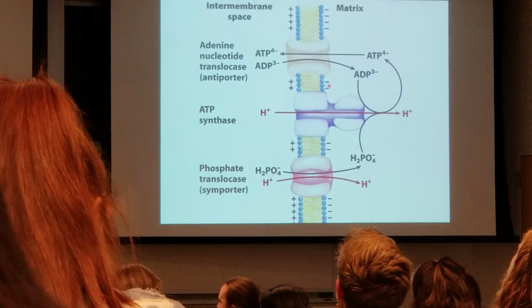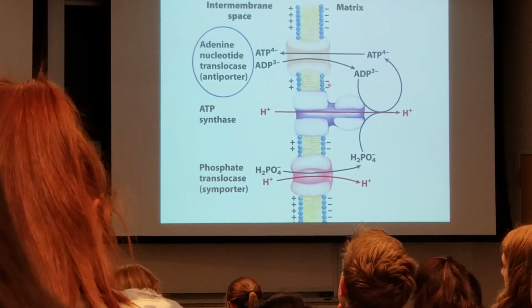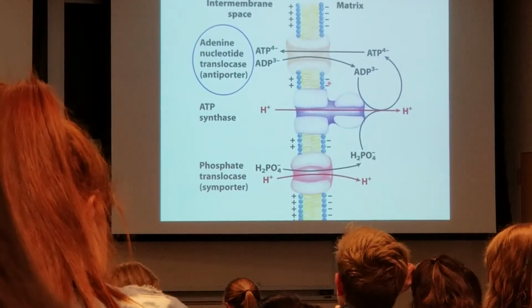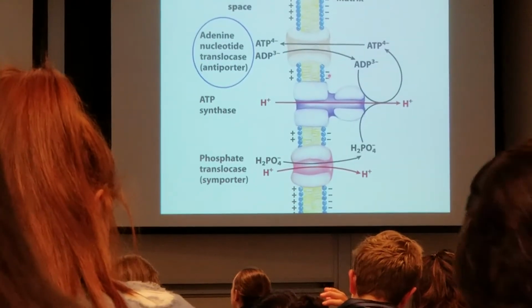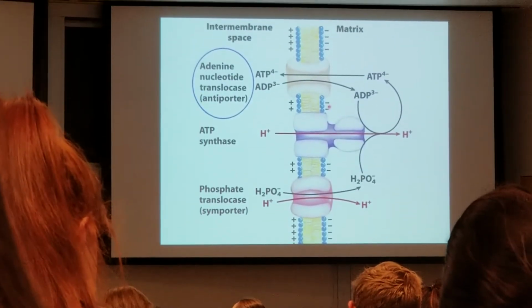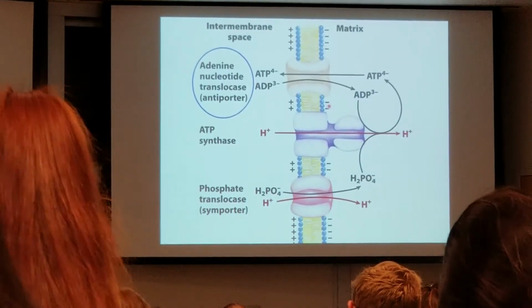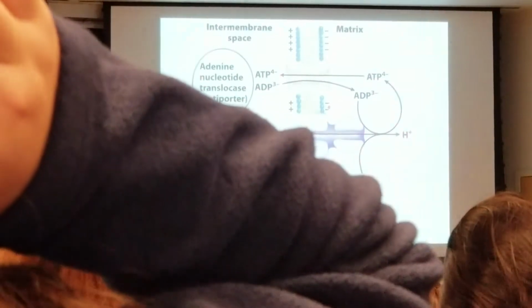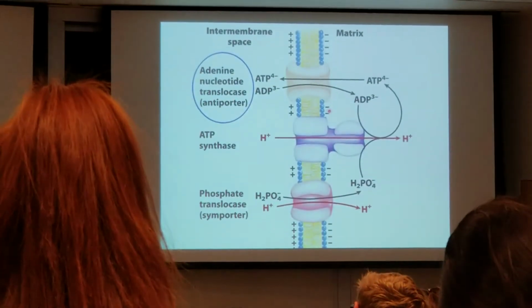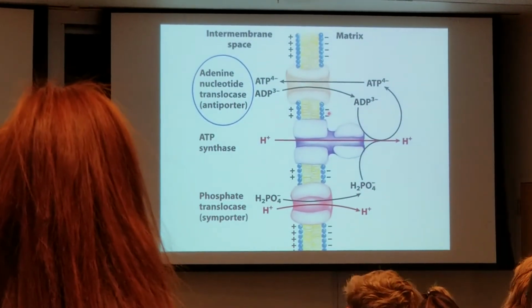So this adenine nucleotide translocase is very important. It's allowing the ATP to cross the membrane because ATP is quite charged. It can't go across the membrane unless there's a protein that provides a pathway. And that only happens if the ADP comes back in.